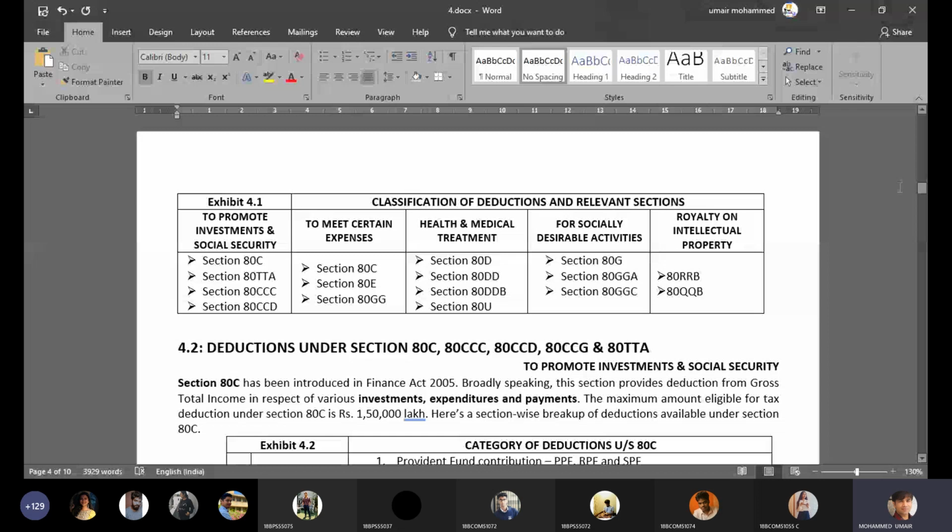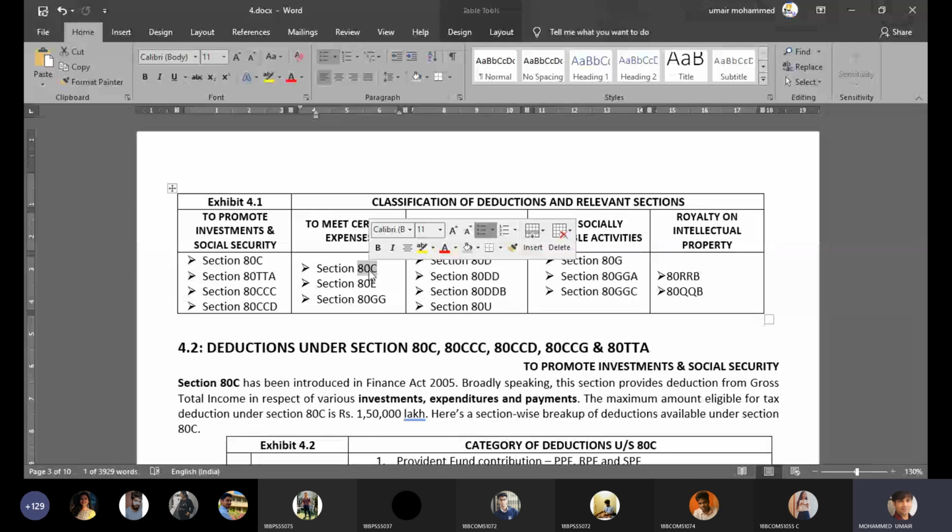Expense number 3, children's tuition fee for a maximum of 2 children. 80E, interest on education loan of self, spouse or children or any other child for whom you are the legal guardian. And there's no upper limit as such. You can claim any amount. Unlike 80C, where there's a maximum limit of 1,50,000, here there's no such limit. 80GG is deduction towards rent paid, provided you should not be a salaried employee. So these are some of the conditions.